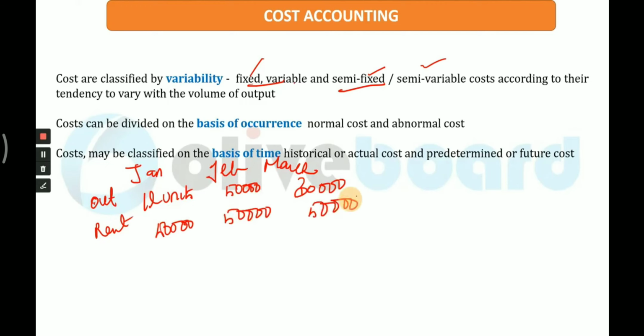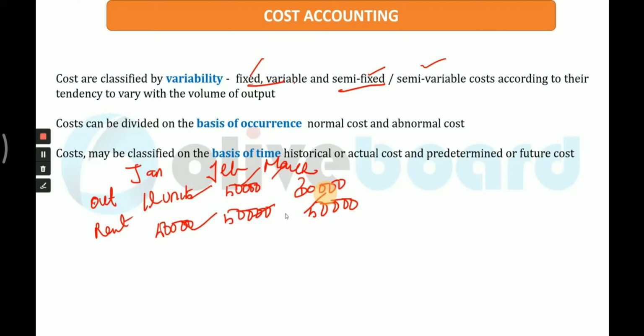Guys, tell me, in the month of January, you produced how much? 1 lakh. And how much rent you paid? 50,000. In February, how many units you produced? 50,000. How much rent you paid? 50,000. March, how many units you produced? 30,000. Rent paid? 50,000. Whatever the output you manufacture doesn't matter. My cost won't change.